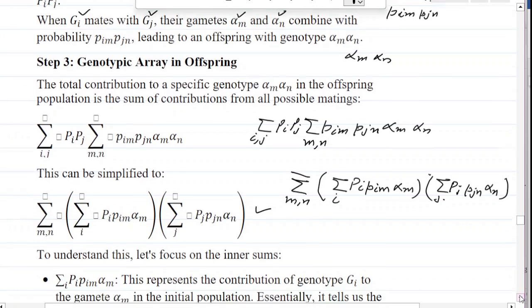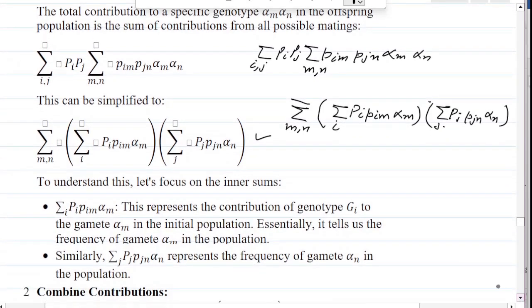So now let us understand how this occurs. The term Pi Pim alpha m represents the contribution of genotype Gi to the gamete alpha m in the initial population.